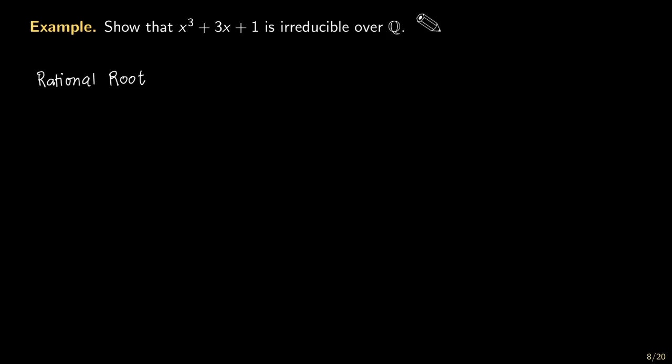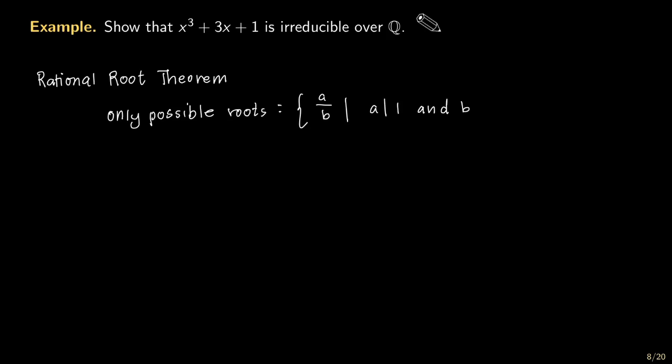So the only possible roots for this polynomial are fractions of the form a over b, where a divides 1 and b divides 1. This 1 is the constant term, and this other 1 is the leading coefficient, right? So there are only two possibilities for this fraction, 1 or minus 1.